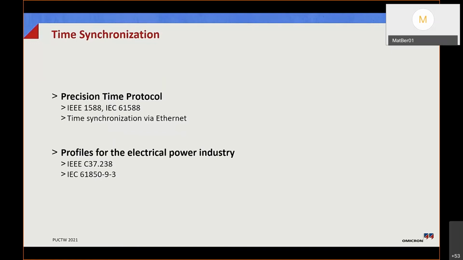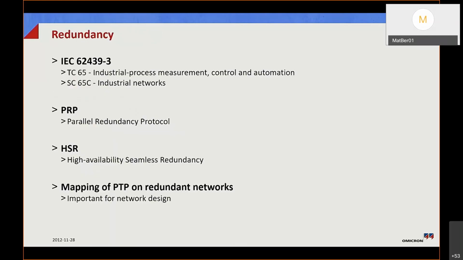So when you go for time synchronization in a substation, you would insist that one of those profiles would be supported. Now, for redundancy, 61850 also looked around what is available. The working group did luckily not intend to invent something on its own. And there was something very promising going on in TC65 of IEC.